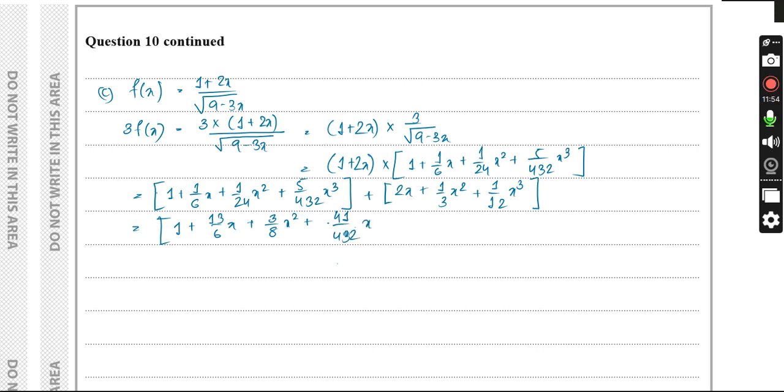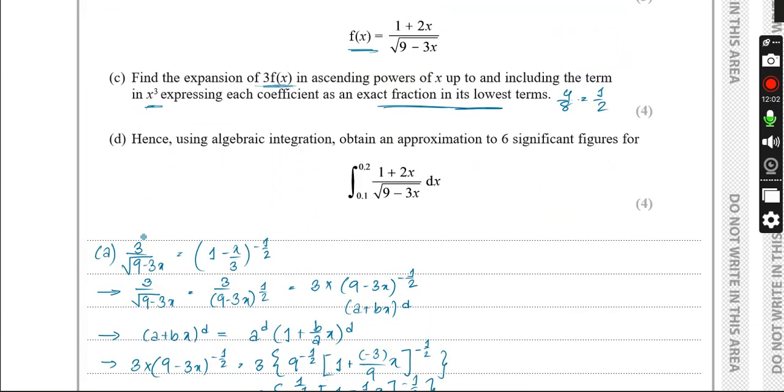So 41 by 432 x cubed, and this is the expansion for 3fx.